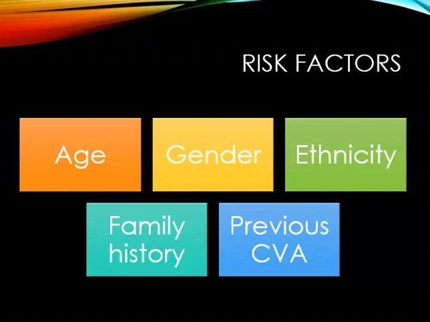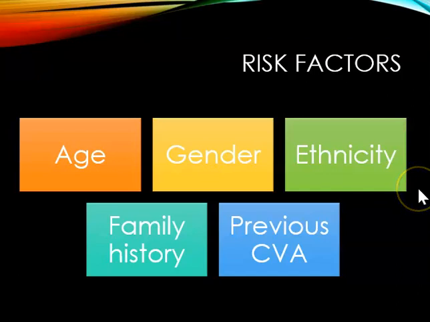Some risk factors for stroke. Age is going to be a big one. Risk for stroke doubles for every decade over the age of 55. And 2/3 of all strokes occur to people over the age of 65. More males are going to be affected than female.